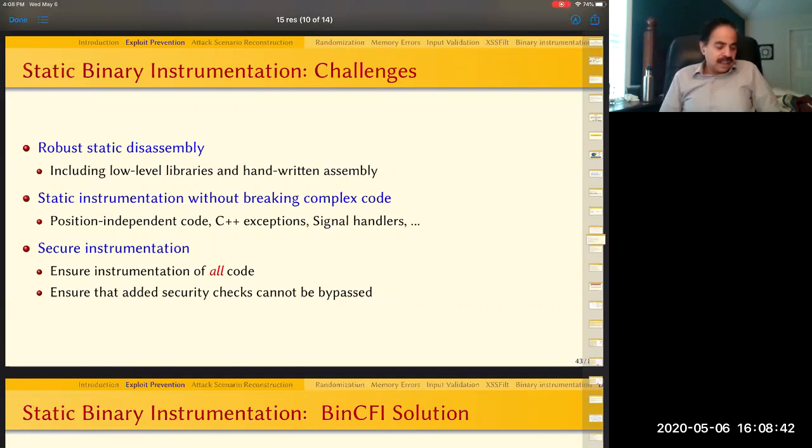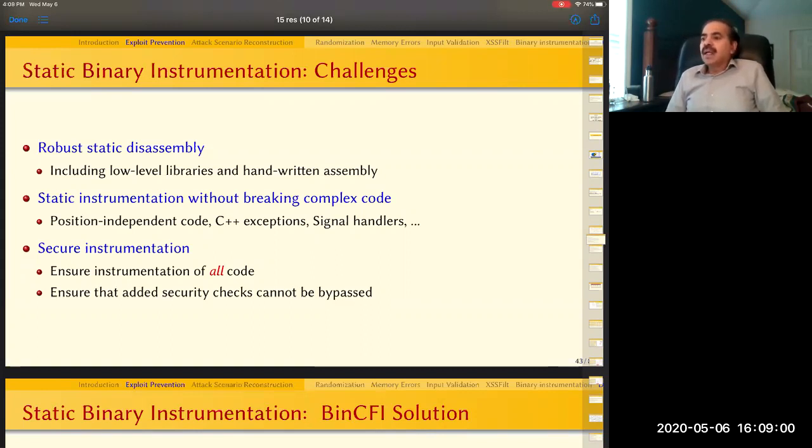That's a second challenge. And the third challenge is that you want your instrumentation to be secure, because your goal is in the context of security. So you want to make sure that any instrumentation you put is not bypassed.